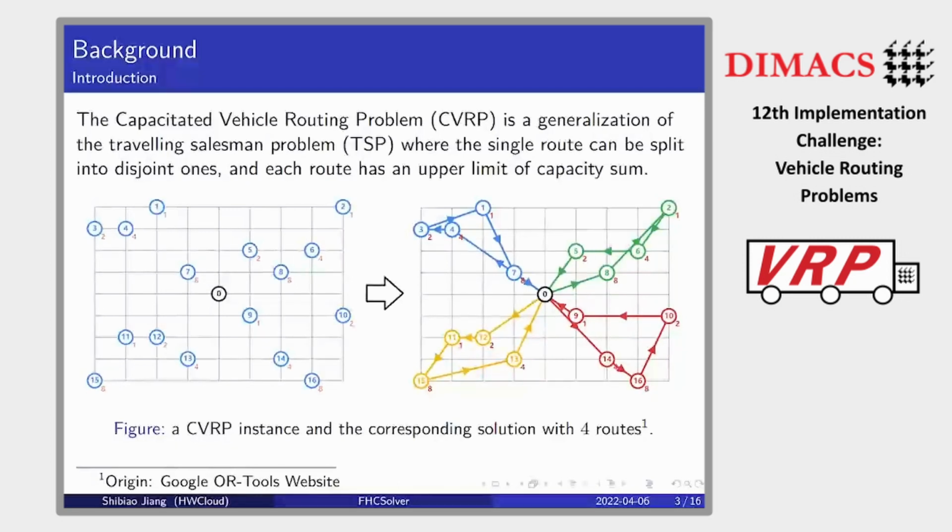The right shows a possible solution, and the solution seems very good because you will find 4 disjoint routes and the total distance is relatively small. And now let's move on.